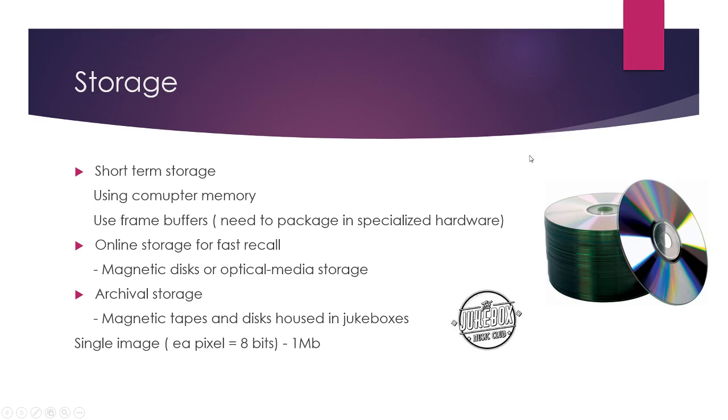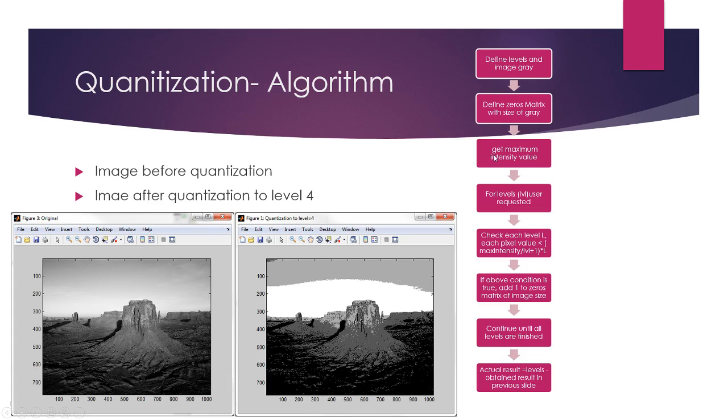So what I'm doing is I'm getting the maximum intensity of the overall image, and using that as my basis to define the levels based on the number of levels provided. So I cut it down into blocks based on how many levels the user requested.